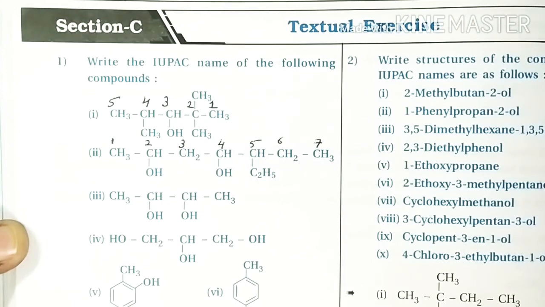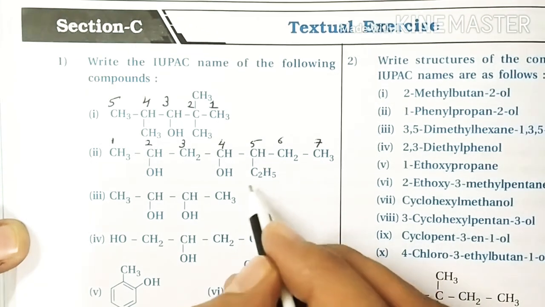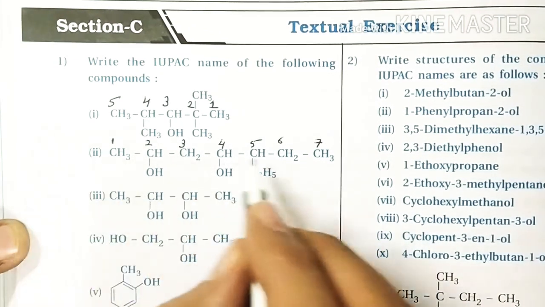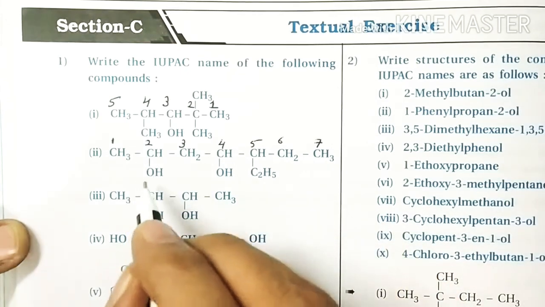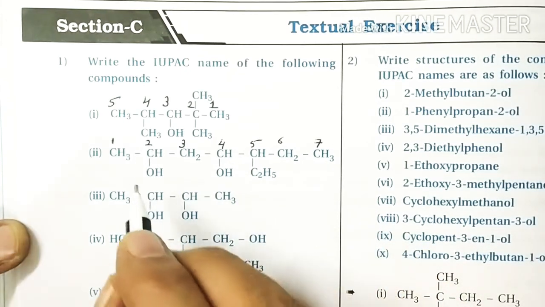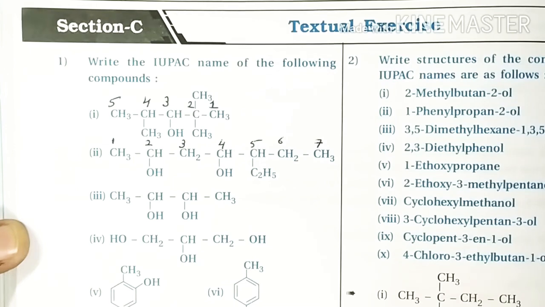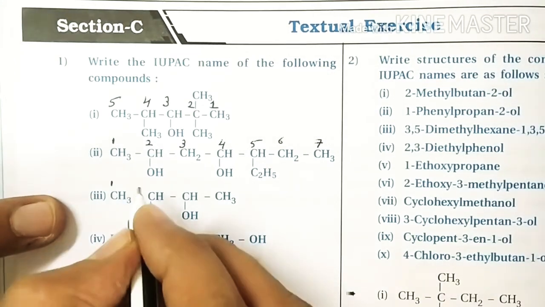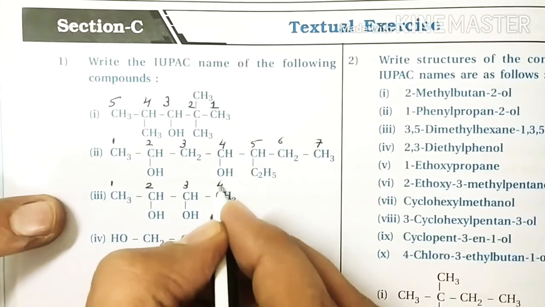So the name of this compound is 5-ethylheptane-2,4-diol.